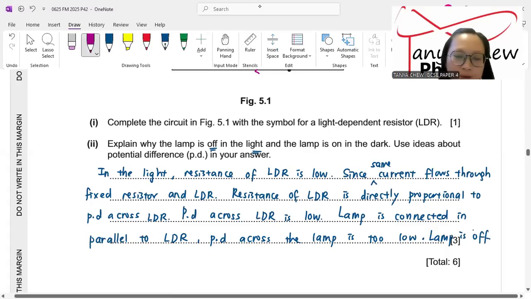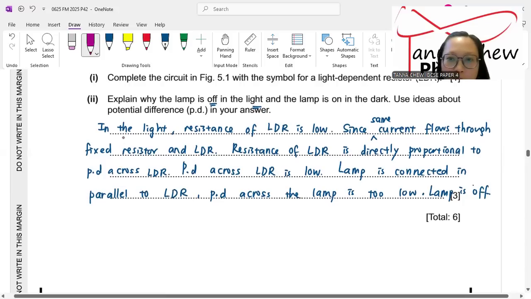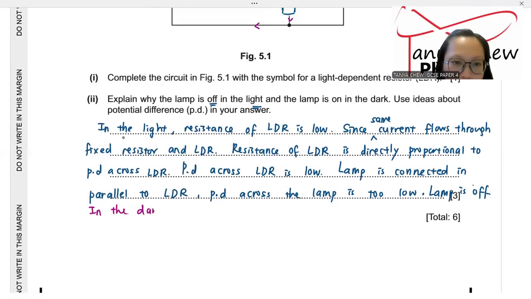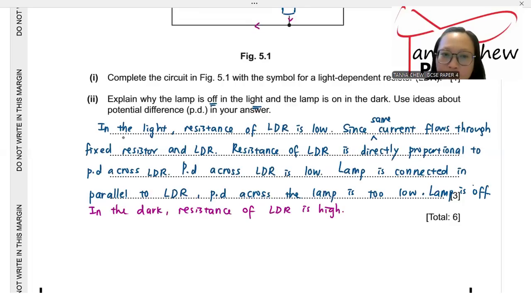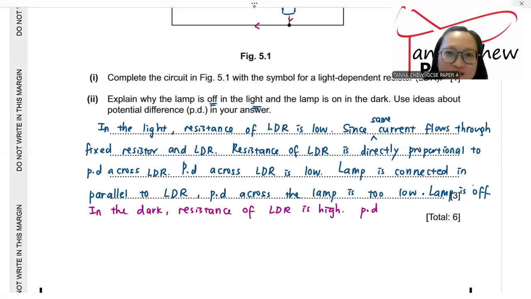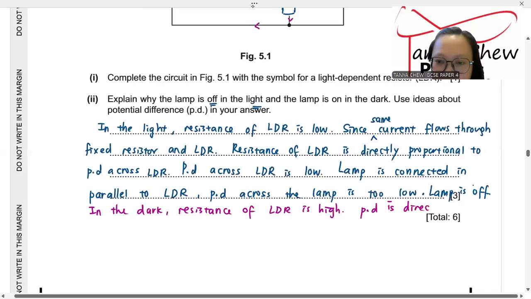The second part is during the dark time. So in the dark, resistance of LDR is high. So PD is directly proportional to resistance. I just write down the word, I don't suggest you to use the equation.